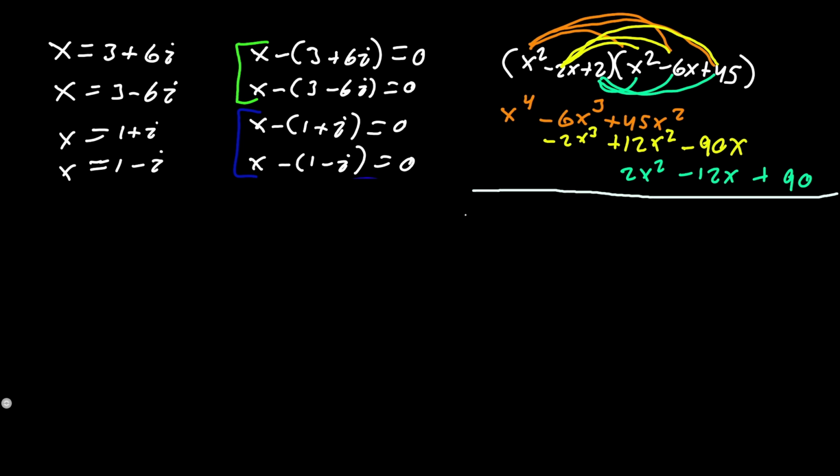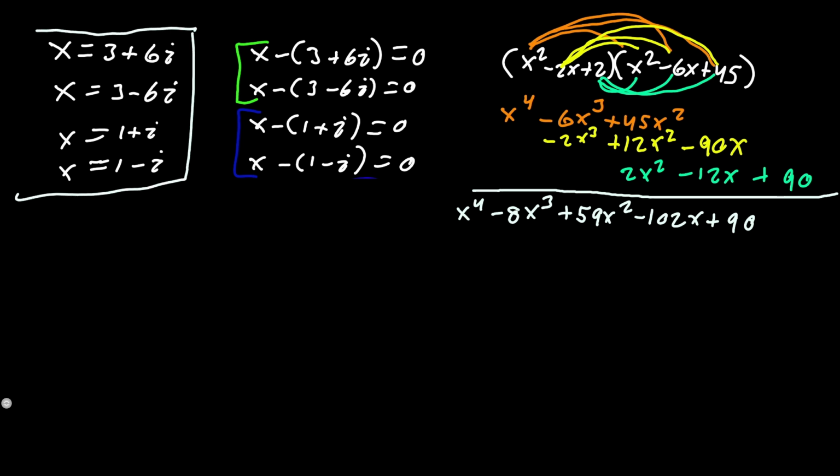So we will end up with x to the 4 minus 8x cubed plus 59x squared minus 102x plus 90. So the polynomial that has all of these four roots is x to the 4 minus 8x cubed plus 59x squared minus 102x plus 90.